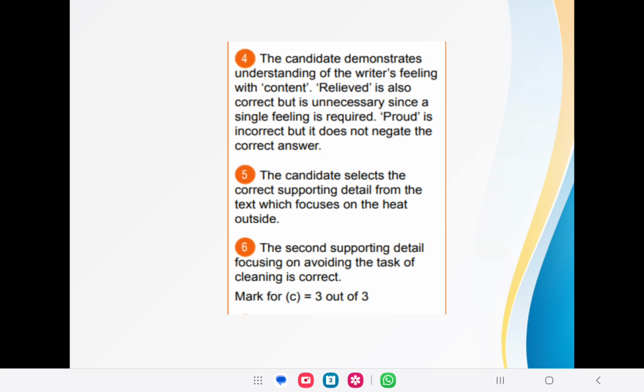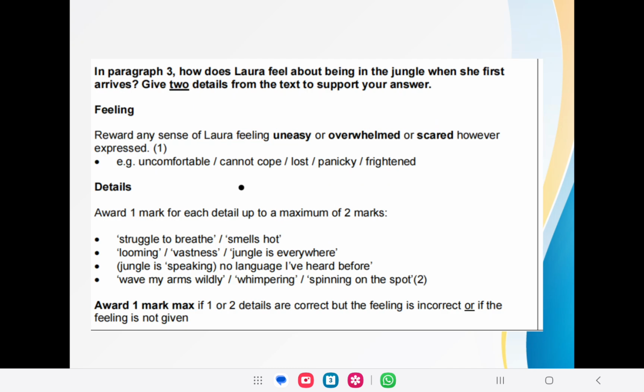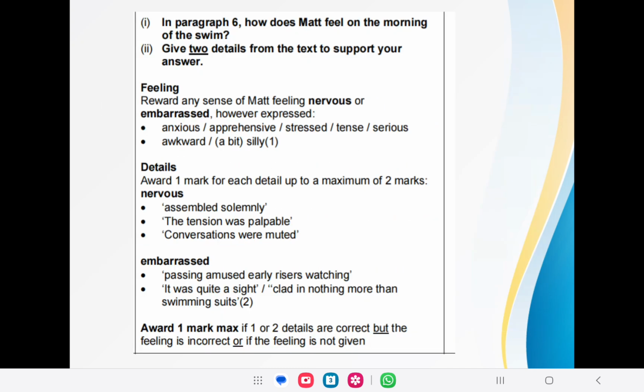So this also gives some kind of correct idea, but the word content is fine. You must go with one line only. Next, the candidate selects the correct supporting details from the text which focuses on the heat outside. Done. The second supporting detail focusing on avoiding the task of cleaning is correct. He has written long answers, but still his answers are correct, and he did well in his answers.